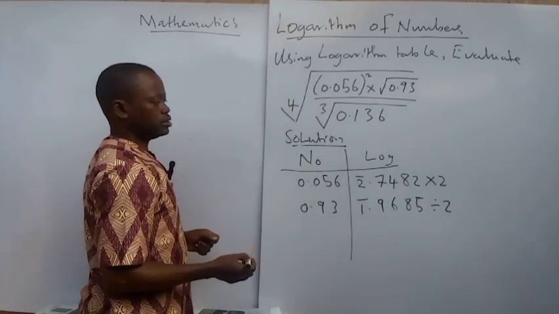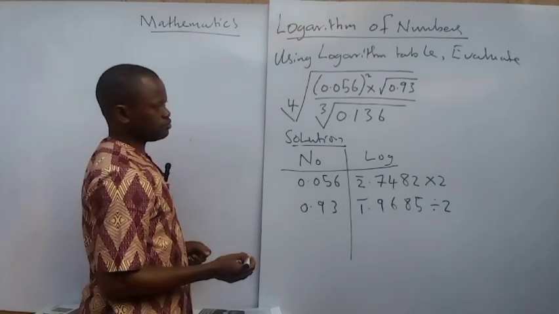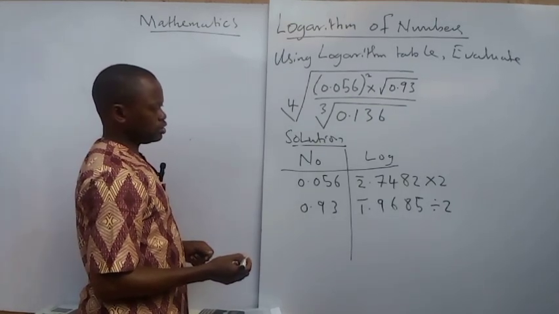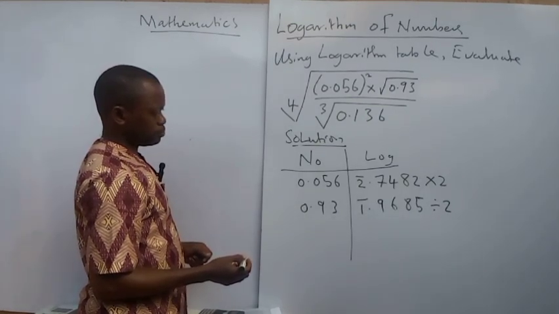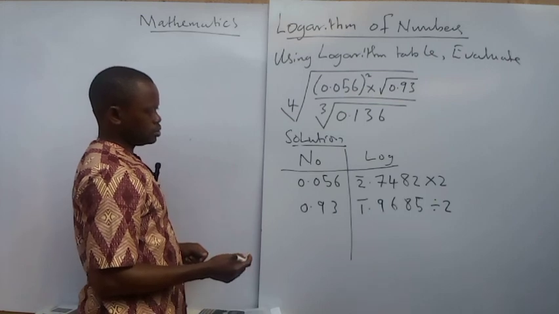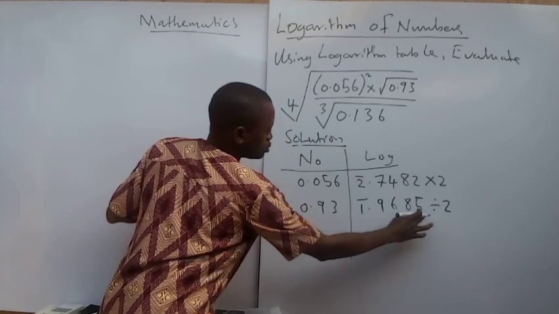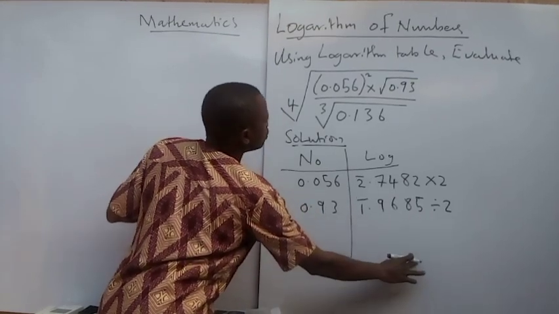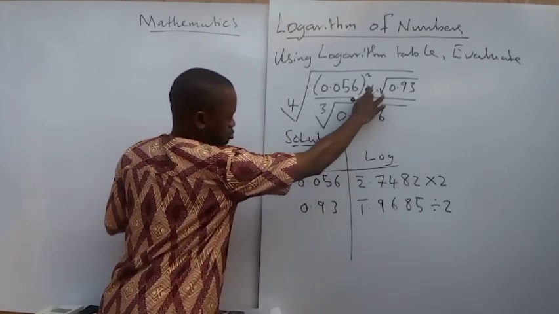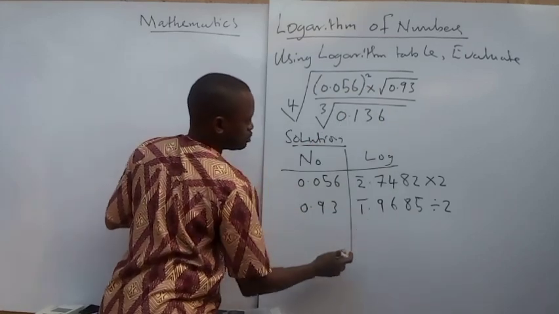And then we also keep whatever value it is going to give us. Maybe I will bring the value of this one down here, because they are being multiplied, then I'll add them.